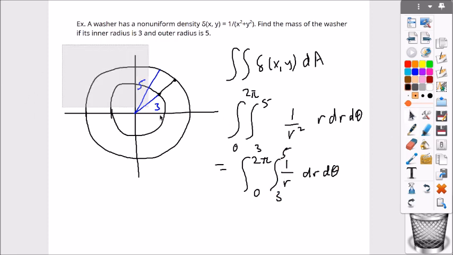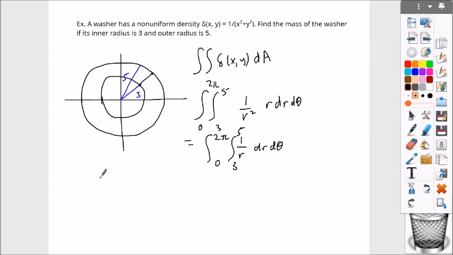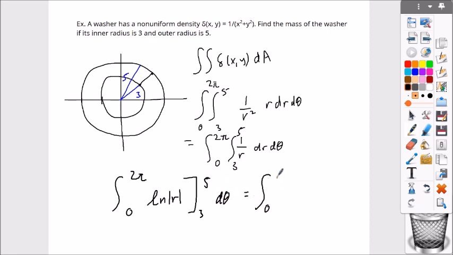So this will give us the integral from 0 to 2 pi of the integral of 1 over r, which is ln r, from 3 to 5 d theta, which is equal to the integral from 0 to 2 pi of ln 5 minus ln 3 d theta, which is equal to 2 pi times ln 5 minus ln 3. And that is your mass.